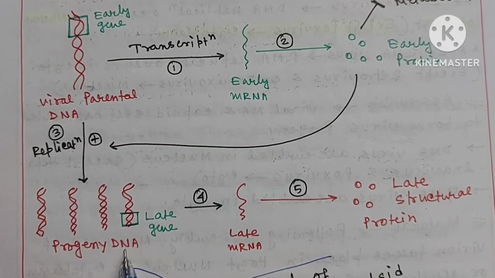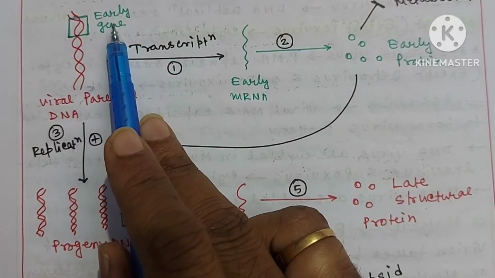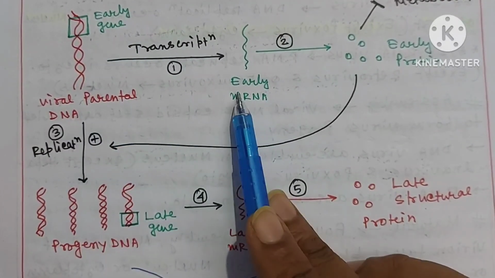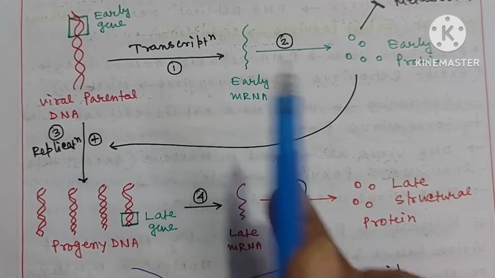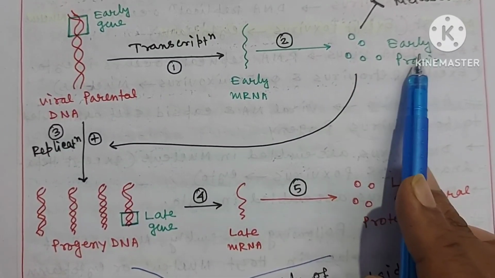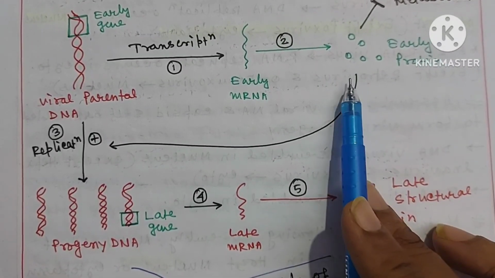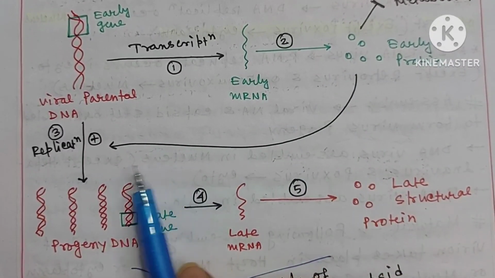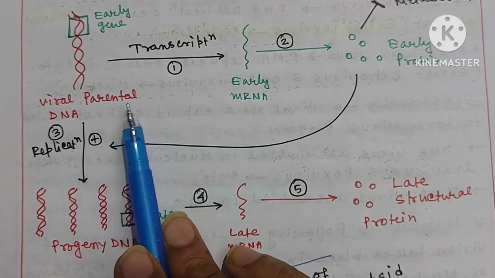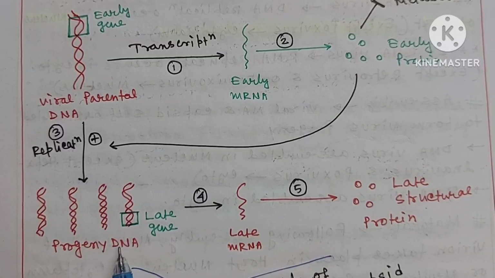The viral parental DNA contains the early gene, from which early mRNA is synthesized by transcription, and from this early mRNA early protein is synthesized, which blocks host cell metabolism and also causes replication of the parental DNA. The parental DNA forms many progeny DNA, and in this progeny DNA the late gene is present.